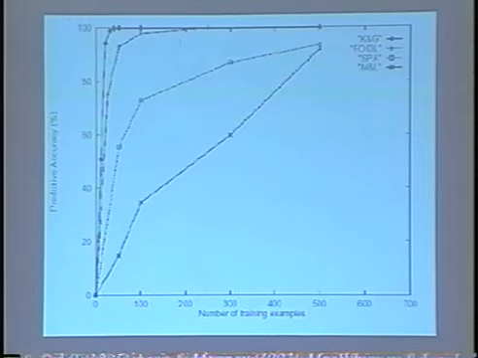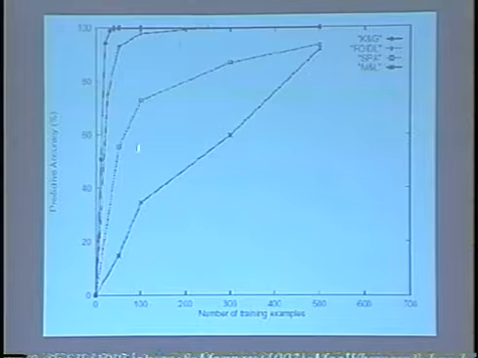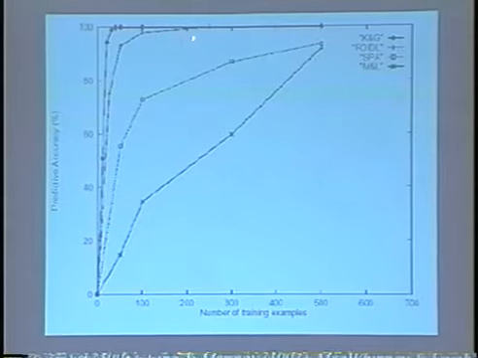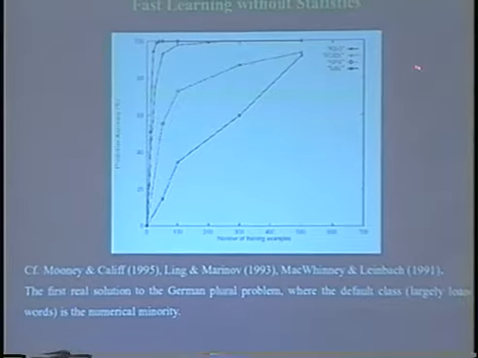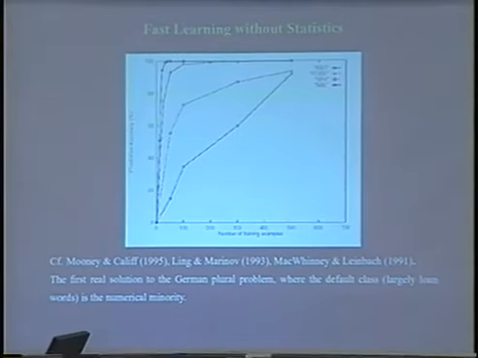This is Ling and Marinov, that's a decision tree model, and this is a connectionist model. Okay, so you see, it certainly learns much faster than all the other models, and this model actually eventually gets the right rule, and those two models don't even get the right rule, ever. So that's a big problem with connectionism.